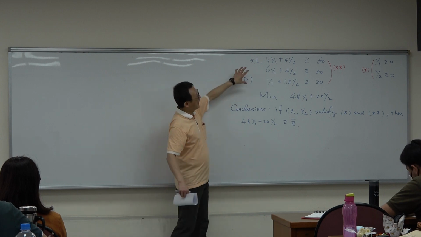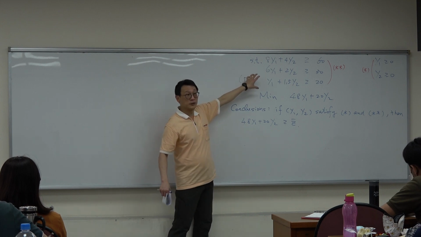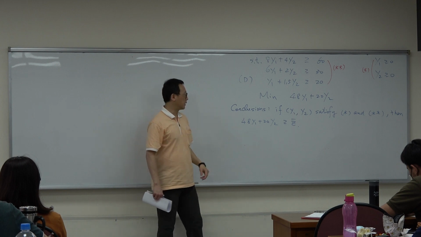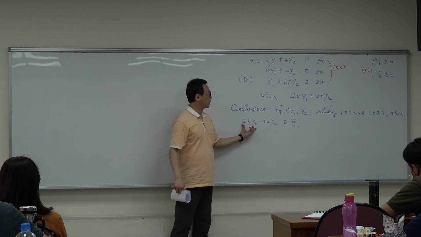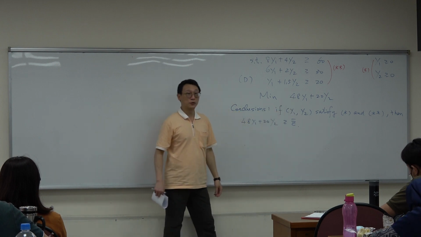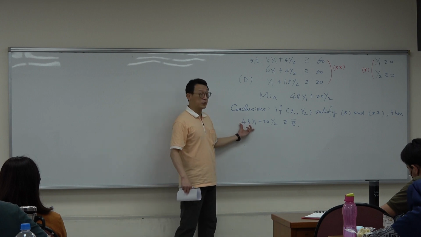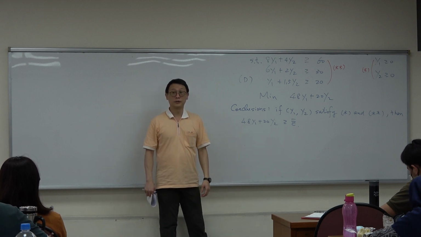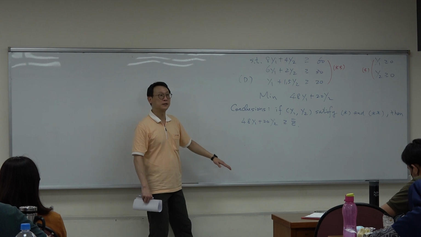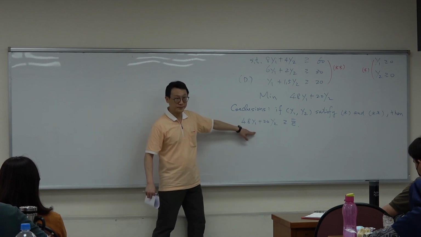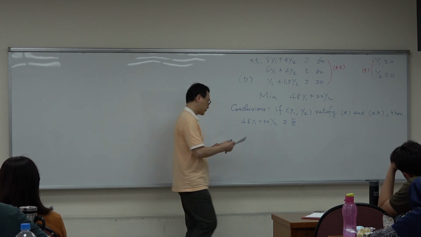As long as y1, y2 are in this feasible region, I can guarantee 48 y1 plus 20 y2 will always be greater than or equal to z bar, because that is the upper bound. That's the upper bound. Okay?